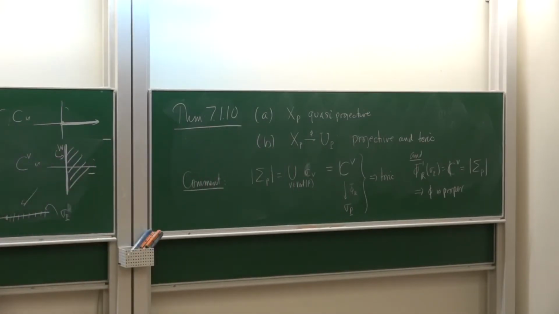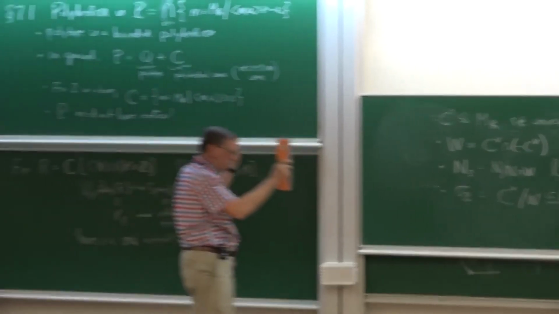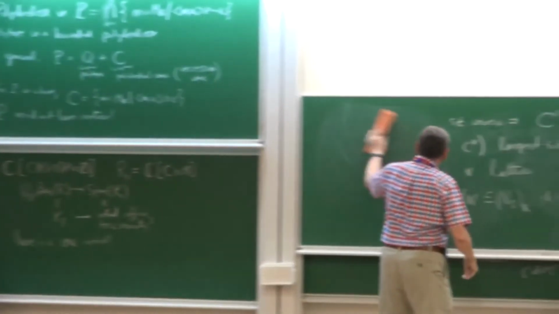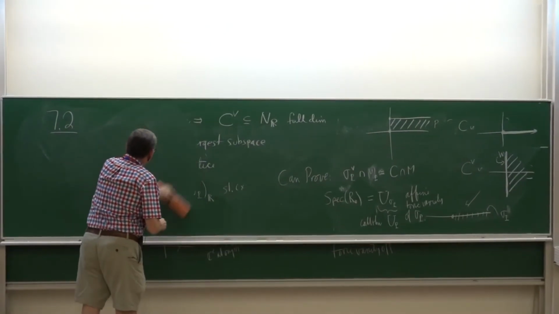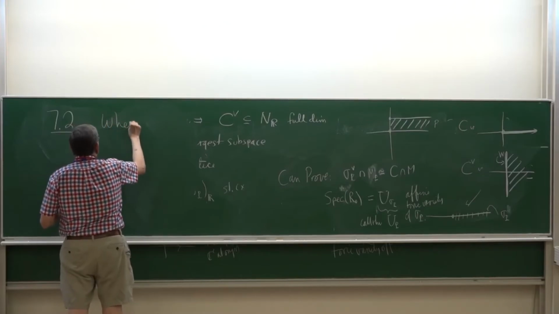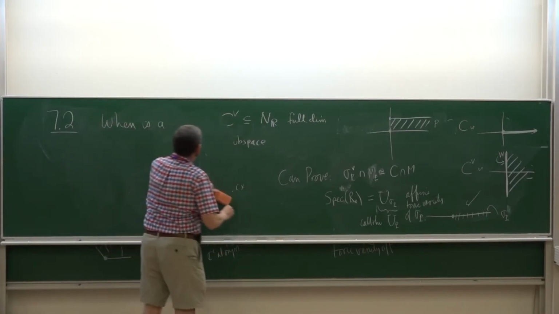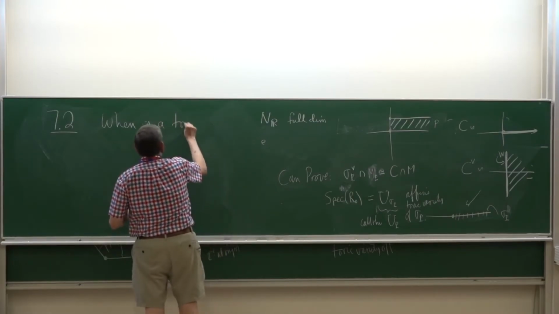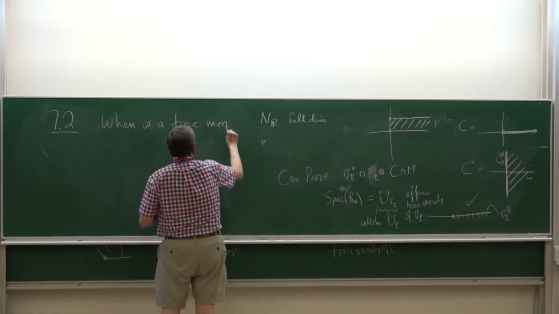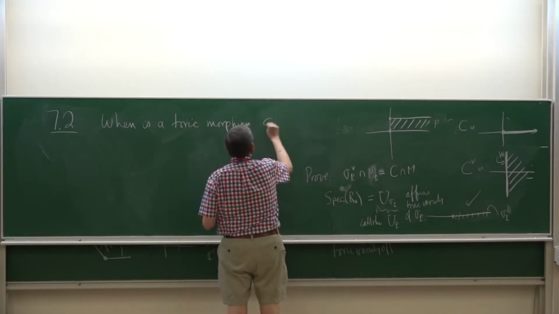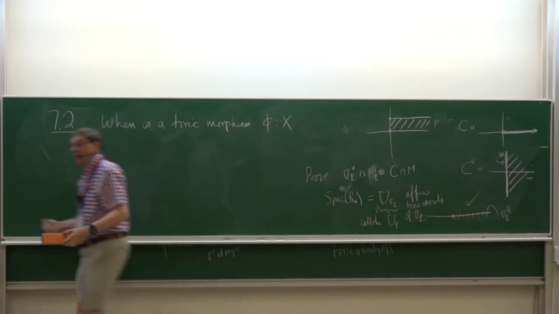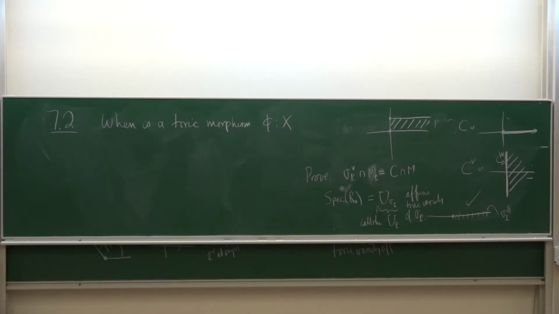So the last 15 minutes, I want to talk about the general idea. Here I've been constructing some very specific projective toric morphisms. So the idea is that I have a toric morphism, and I want to get the prime in the right place because I'm going to map one toric variety to another.